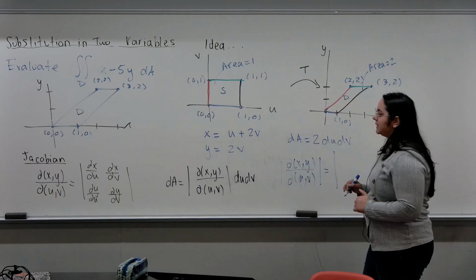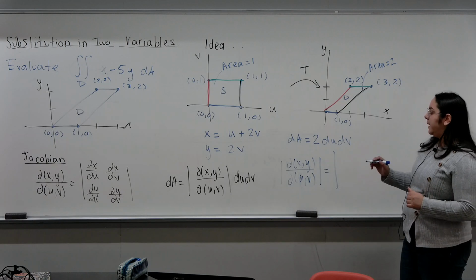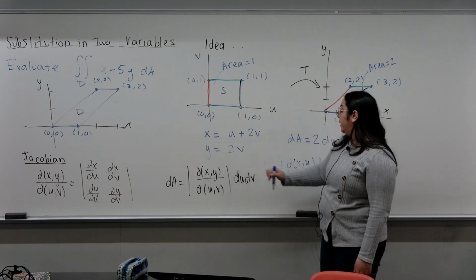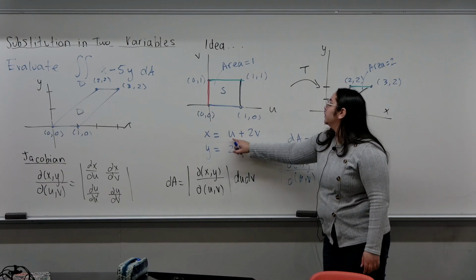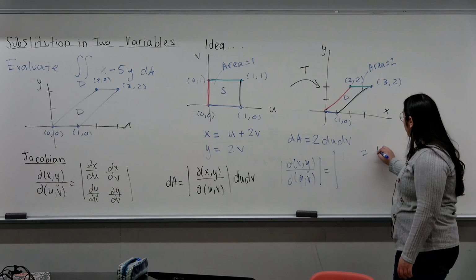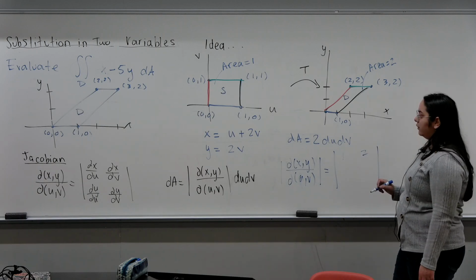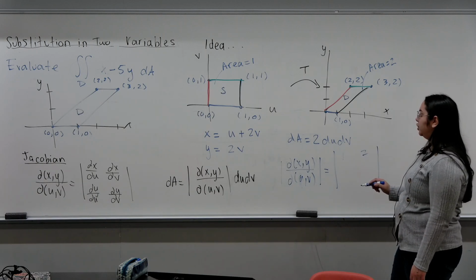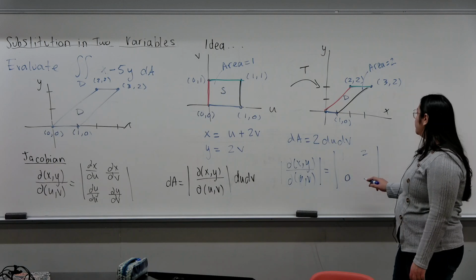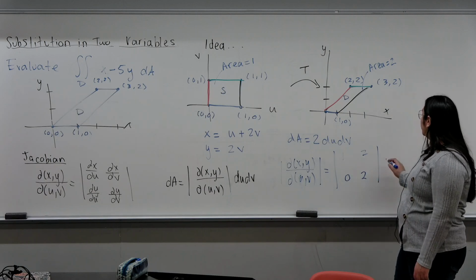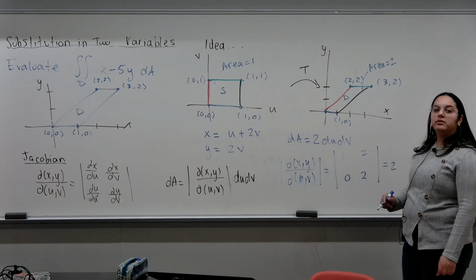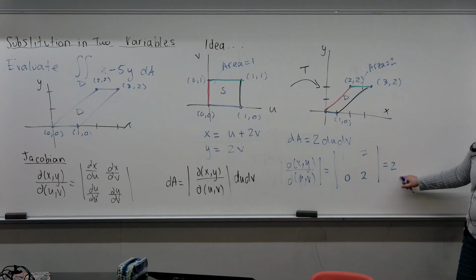In this case, the partial derivative of x with respect to u is just 1. The partial derivative of x with respect to v is 2. The partial derivative of y with respect to u is 0, and with respect to v is 2. So when you compute the absolute value of the determinant, you get 2, right?